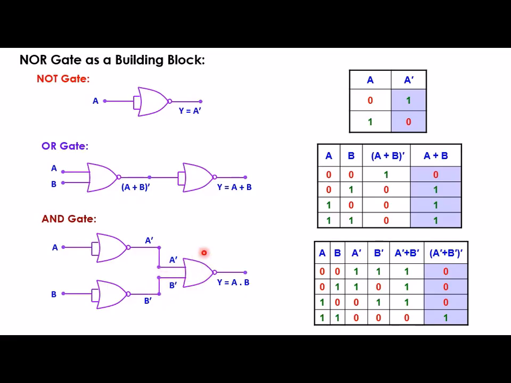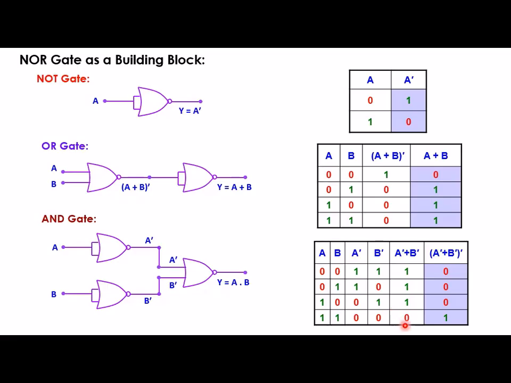Now in this NOR gate, A complement and B complement are two inputs. Then the output will be the OR operation, which is 1 or 1 is equal to 1, 1 or 0 is 1, 0 or 1 is equal to 1, and 0 or 0 is equal to 0. Now again there is a NOT gate, that means there will be a complement of this.